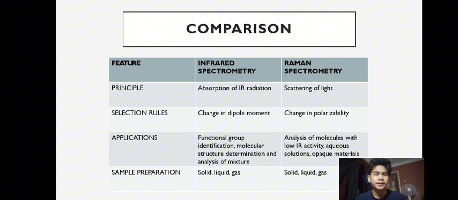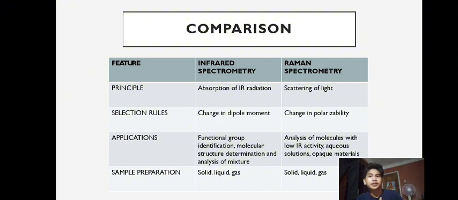And in their applications, functional group identification, molecular structure determination, and analysis of mixtures for the infrared, while the analysis of molecules with low infrared activity, aqueous solutions, and opaque materials for Raman. And they have the same sample preparation, which is solid, liquid, and gas.